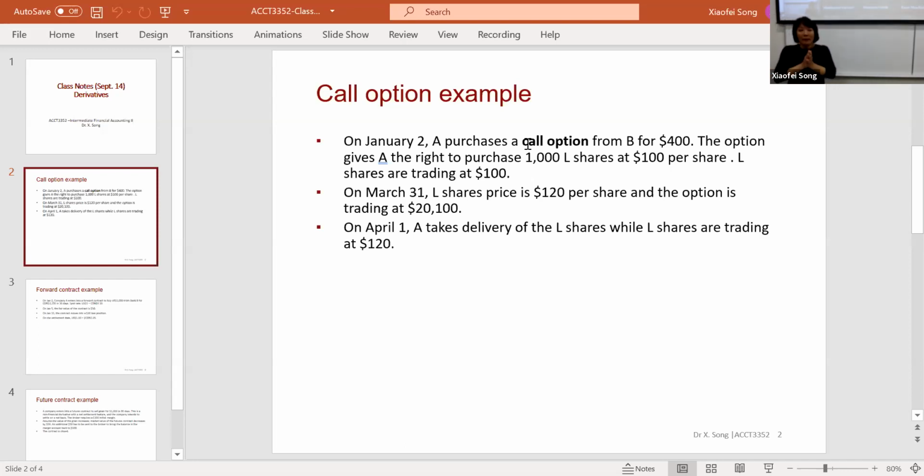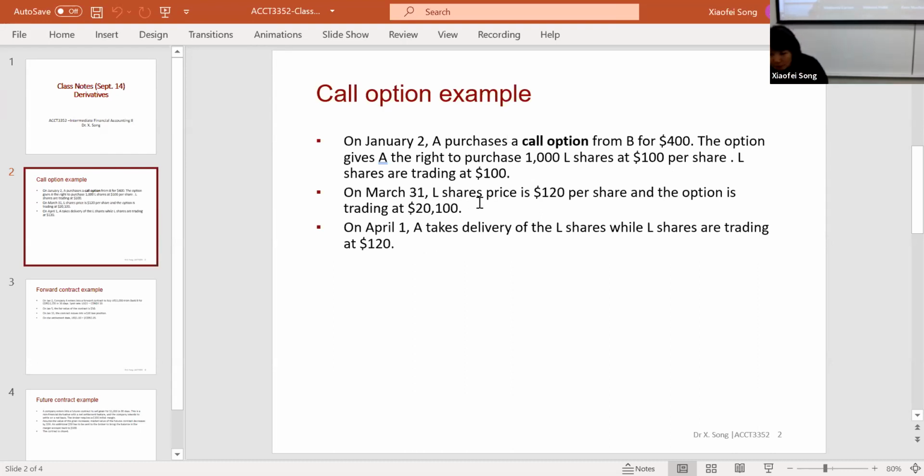That shows the value of the call option is dependent on the L share's value. So the L share is called the underlying instrument here, and the call option's value is dependent on the underlying instrument's value.